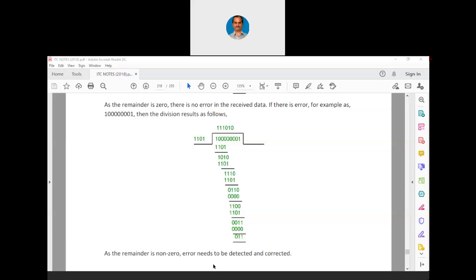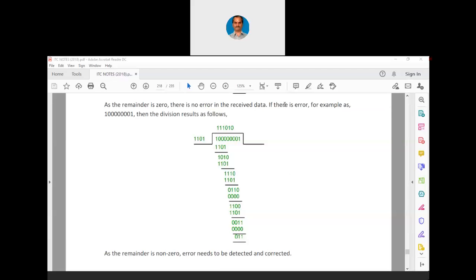So now if the error needs to be detected and corrected, the procedure has to be slightly altered compared to the procedure which we discussed earlier. The generator polynomial which we have is 1 plus x cubed, but we had gone for a different type of check bits. So the procedure needs to be altered, and that alteration is actually more complicated, so we are not discussing it here in our course, as I have been telling you.